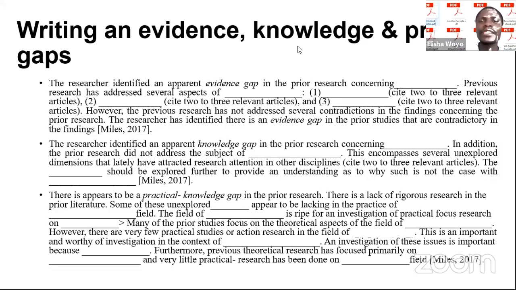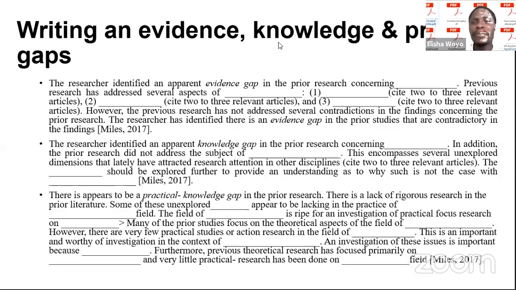We are saying now the researcher has identified a knowledge gap in previous research concerning customer satisfaction, or concerning employee motivation, for instance. So in addition to research that was done in the past, previous research did not address the subject of. When we talk about the subject of, this is where your topic comes in, because you would have said there is a knowledge gap in previous research.